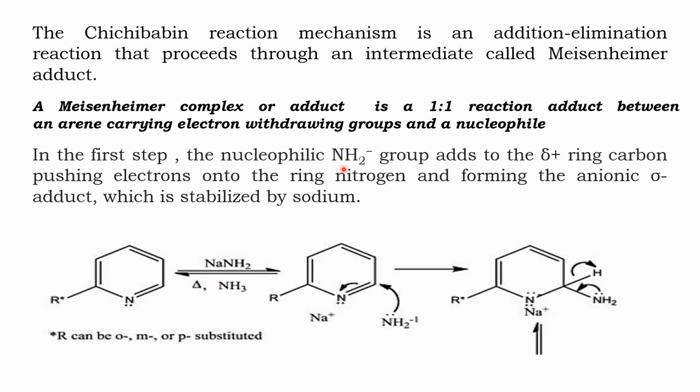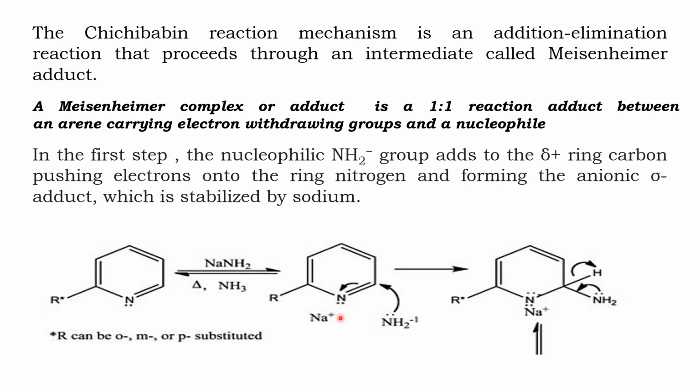This NH2 minus group adds to the polarized ring carbon atom, that is the second position, so that this electron pair will be shifting towards the nitrogen, so that this carbon atom generates a positive charge and NH2 minus attacks this position, resulting in the formation of an anionic adduct, because this nitrogen carries a negative charge.